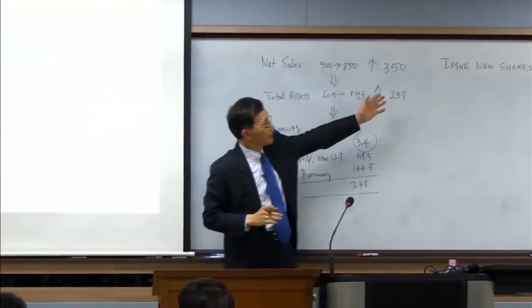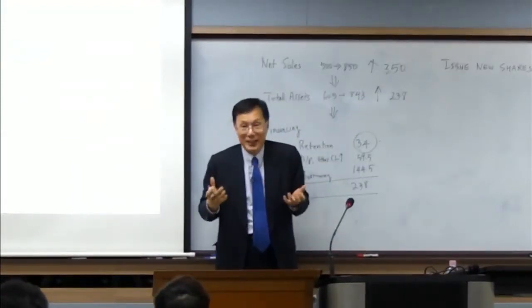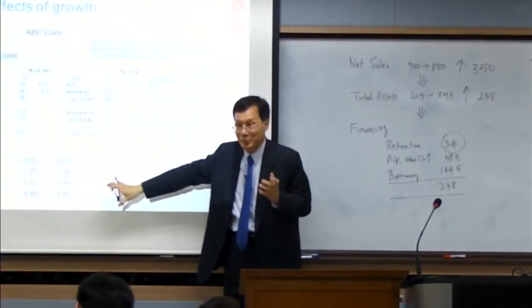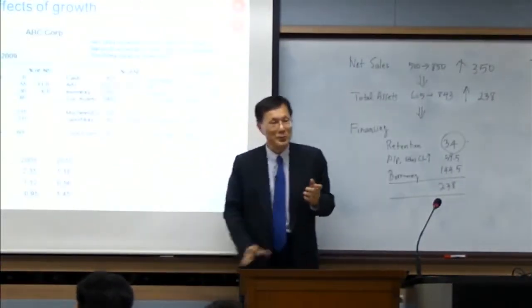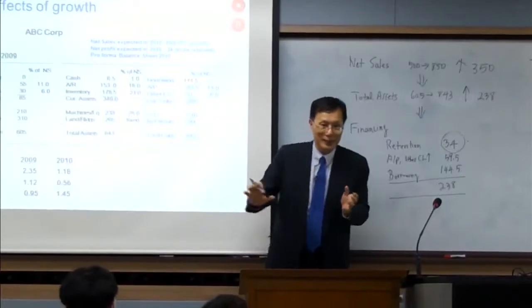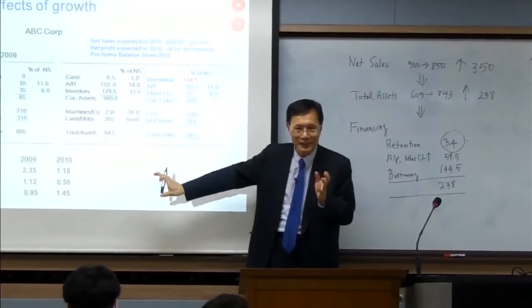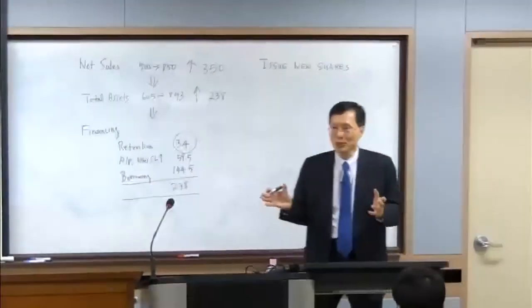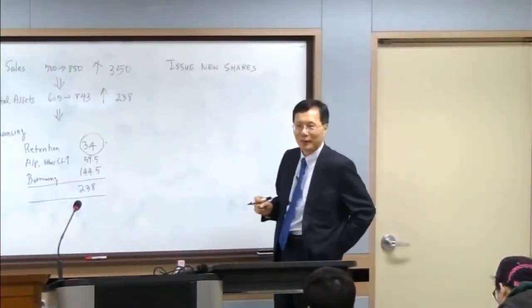If you issue new shares, that's my money, okay? So debt ratio is not going to be as bad as this, and short-term position may not deteriorate as this. So issuing new shares. Anything else? Anybody else?